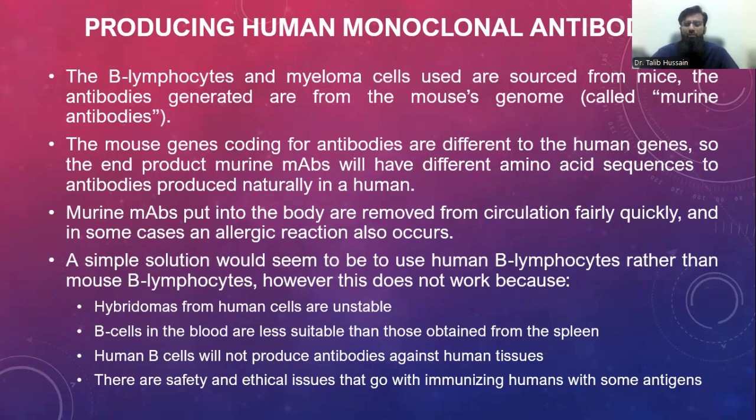So it will result in the killing of those monoclonal antibodies. Secondly, murine monoclonal antibodies, because they are of the genome of the mouse, are short-lived. As the life of the mice is short, similarly these murine antibodies will be short-lived. So they will be removed from the circulation fairly quickly, and we cannot get proper propagation inside the human body.